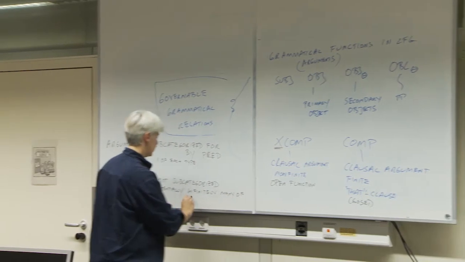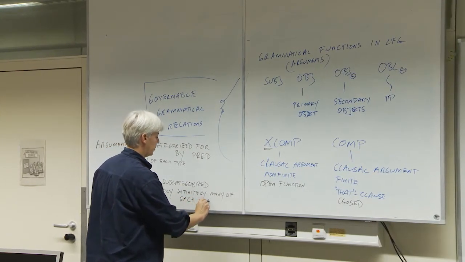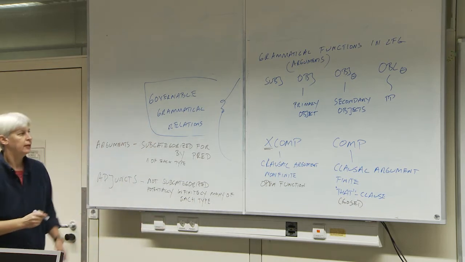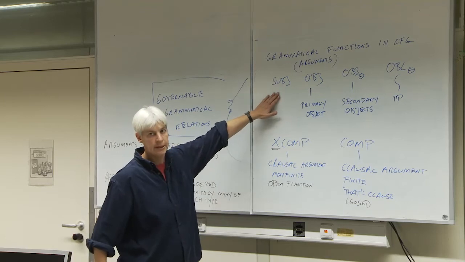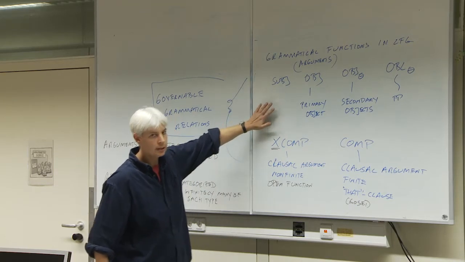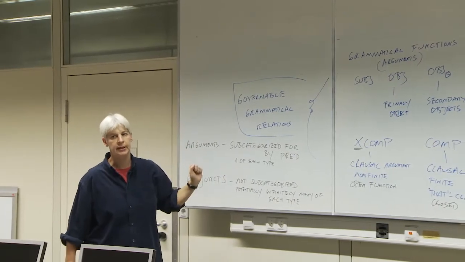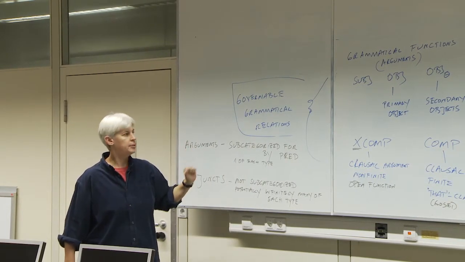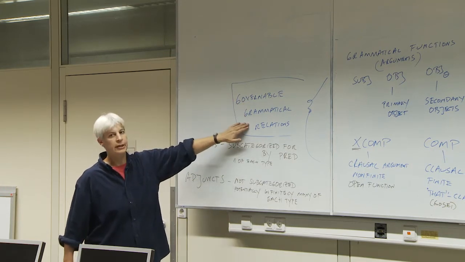I'm not going to go through this in detail because you should know this. This is just so that you remember arguments, adjuncts, okay? And all of these are arguments. All these are subcategorized for by some verb. So these can only appear in an F-structure if the verb or some other predicate has said, I need a subject, I need an object, I need an XCOMP. And that's why they're called governable grammatical relations.